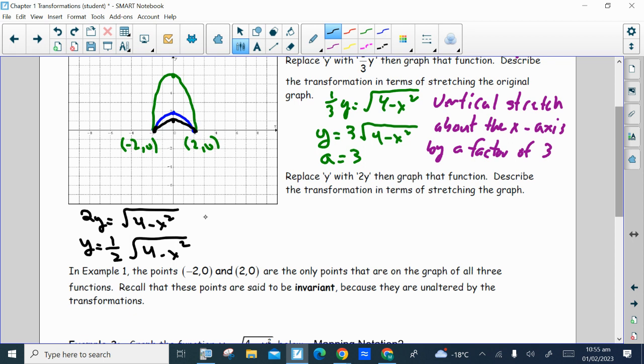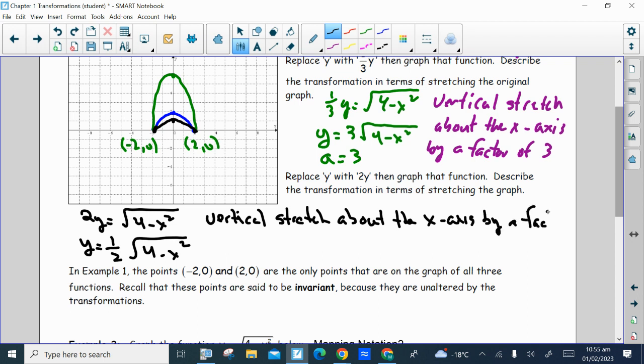So what happened here is, in this case, we had a vertical stretch about the x-axis by a factor of 1/2. And in our mapping notation, all the y values are multiplied by a half.